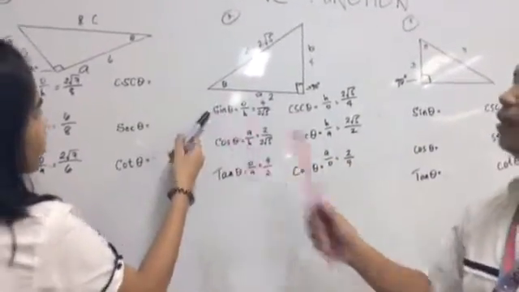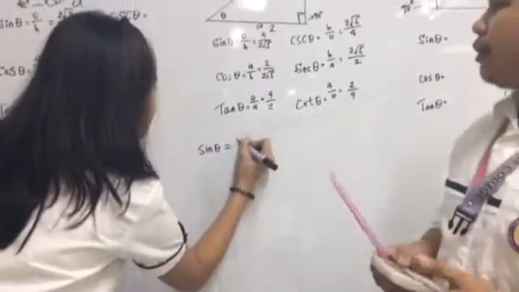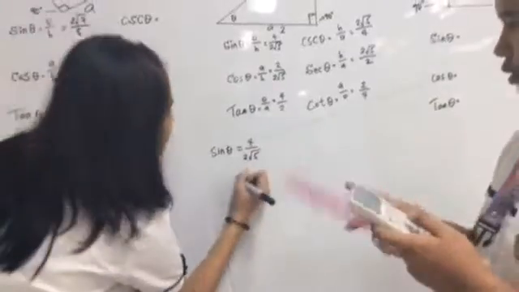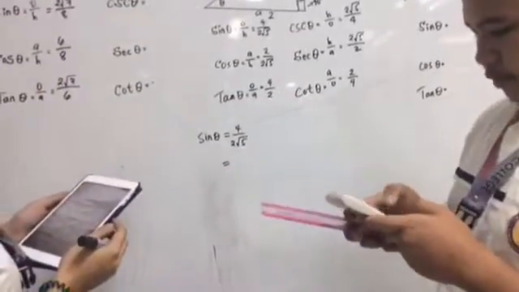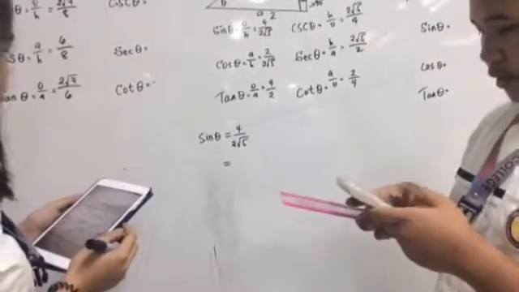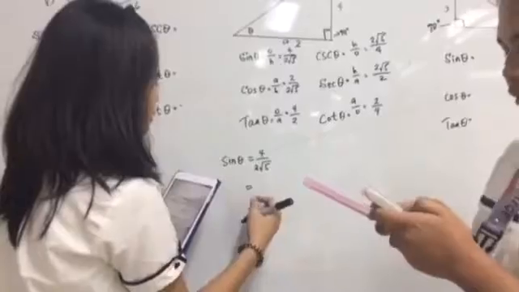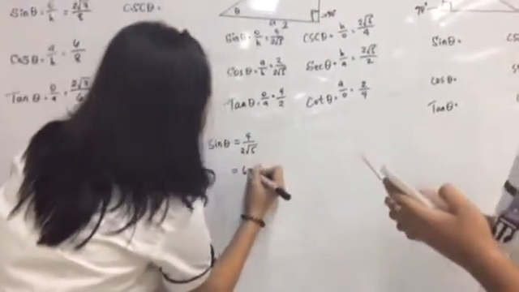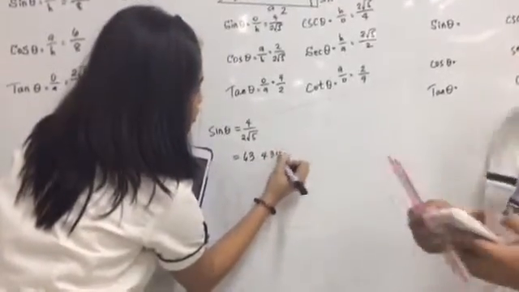of sine theta is equal to 4 over 2 square root of 5. Okay, 4 divided by 2 square root of 5 is equal to 0.89, and shift sine is equal to 63.434 degrees.